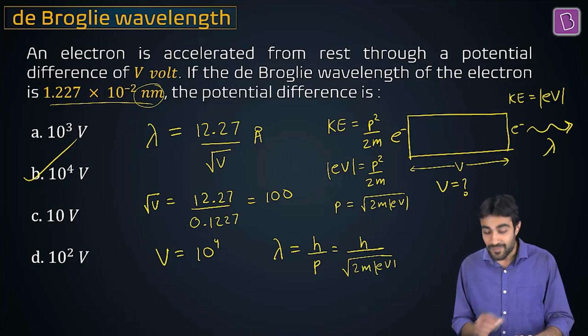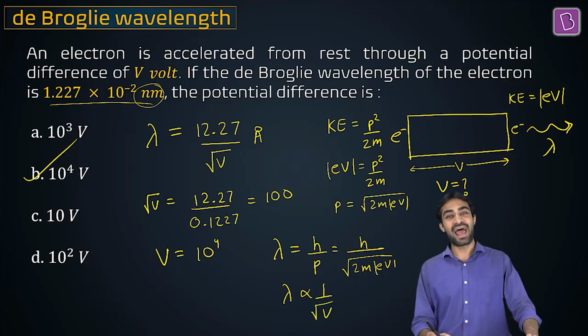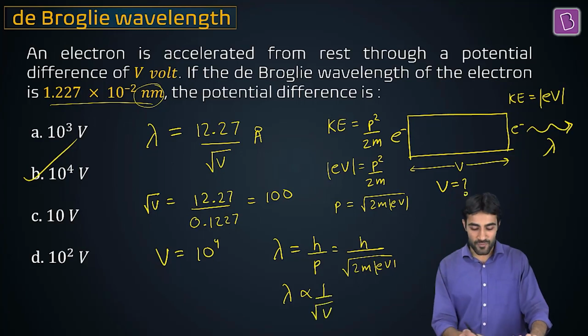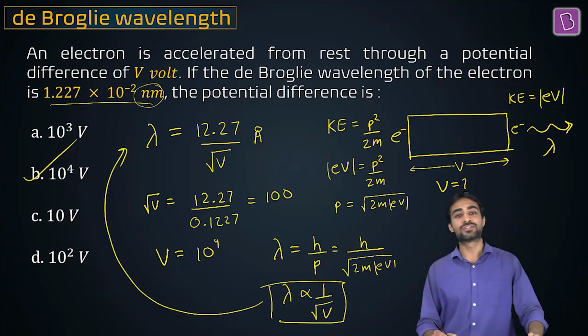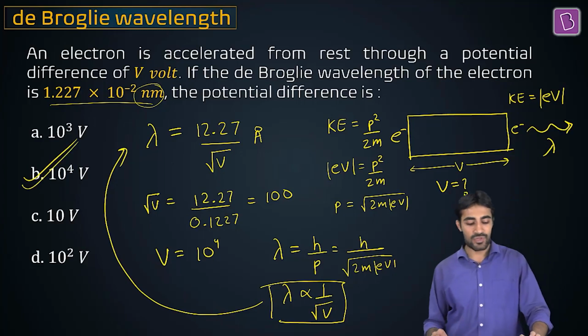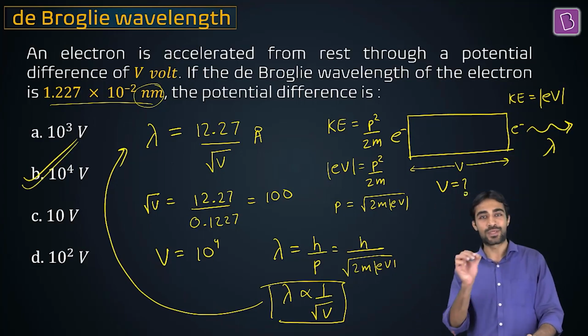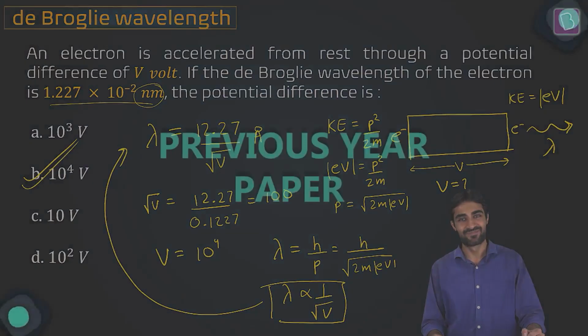We can see that this lambda is inversely proportional to under root V. Now from this we get our required formula, and once you place the values in our required formula, you will get the answer to be 10 raised to power 4 volt. This was the potential difference, and option B is the right answer for our question.